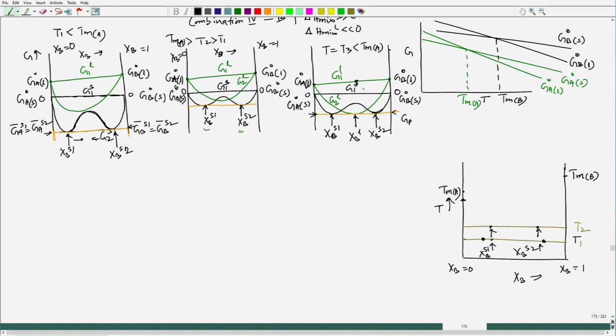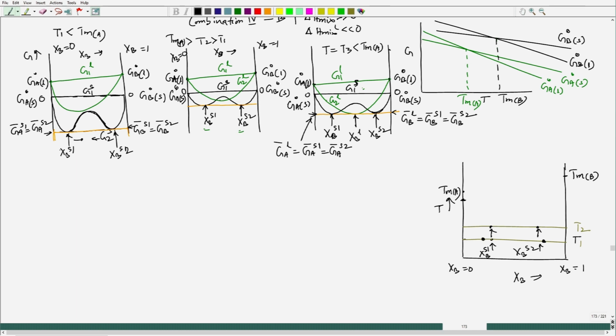Here, G B bar of liquid would be equal to G B bar of solid 1 equal to G B bar of solid 2, and at this point G A bar of liquid would be equal to G A bar of solid 1 equal to G A bar of solid 2. So, that means all 3 phases will be under equilibrium.